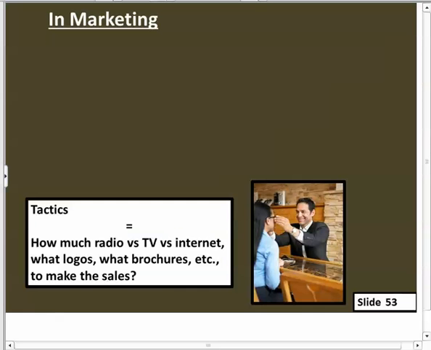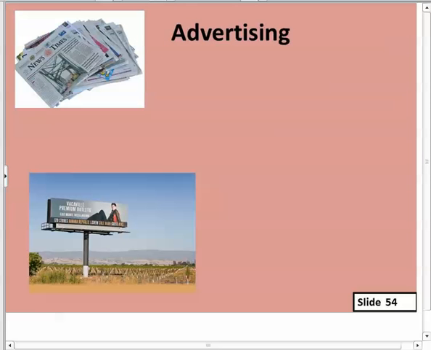Okay. Now, we've talked a lot about different strategy in the big picture. Now we need to get down to the tactics. We need to figure out how much radio, what's the value of radio, what's the value of TV, those kinds of things. So there's lots of ways to advertise. You can do the billboards. The billboards catch a certain group of people as they drive by.